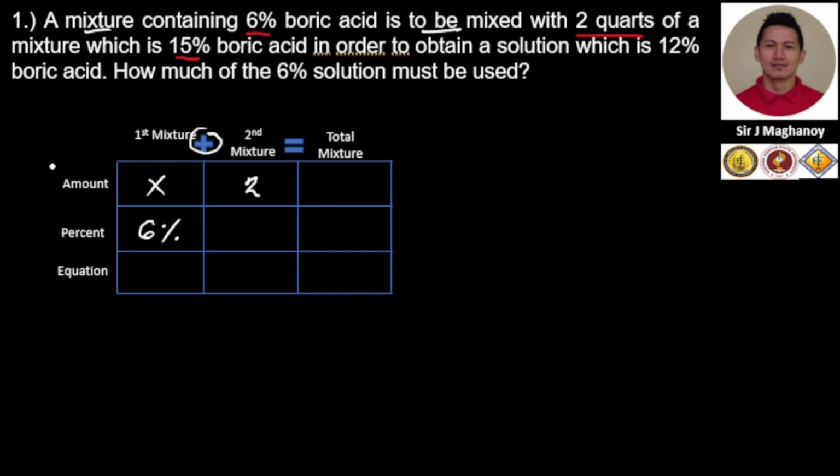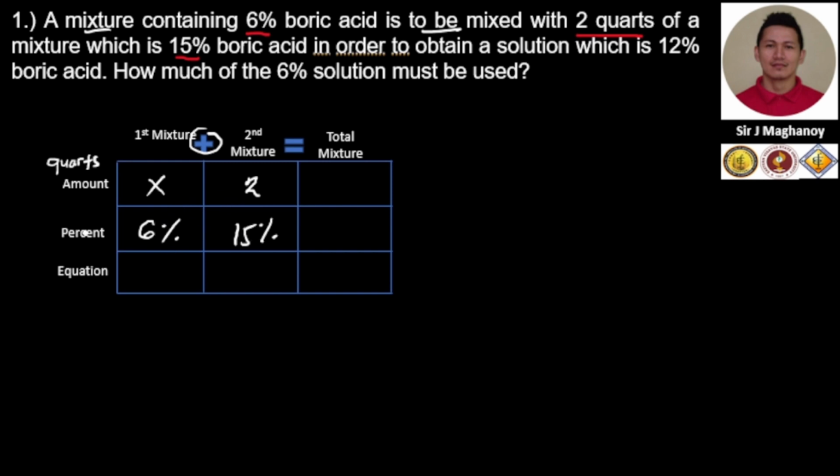What is the unit here? Quarts. So the total mixture, if you sum, would be x plus 2. Yes, that's correct. What is the percentage of our 2 quarts? That is 15%.